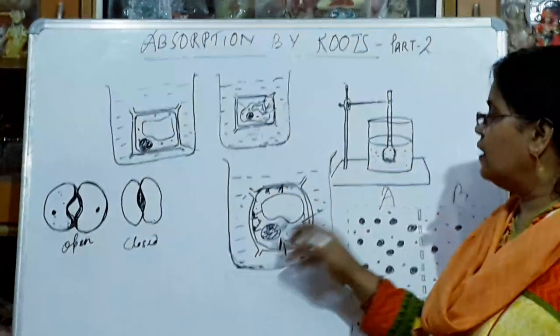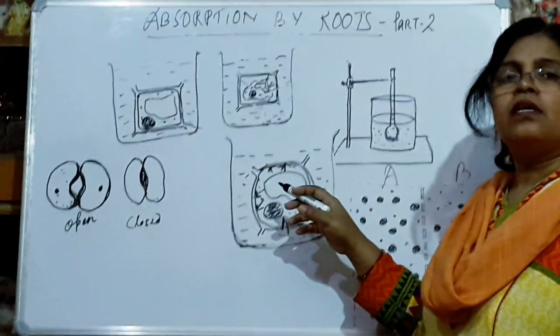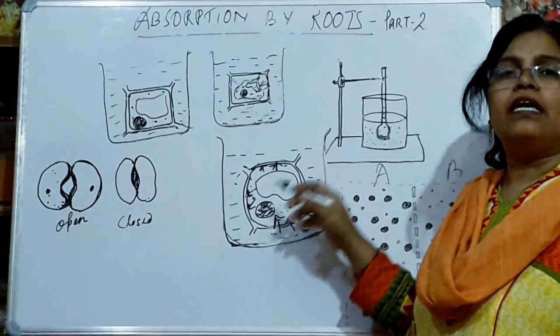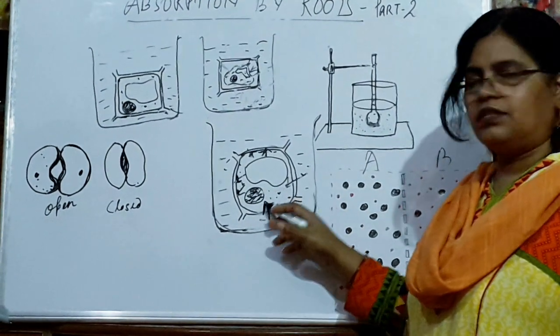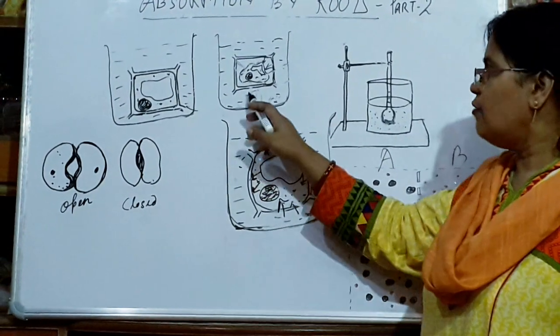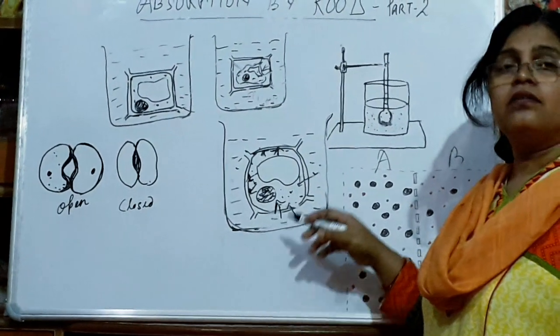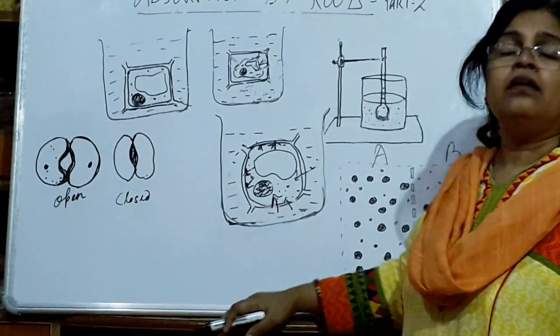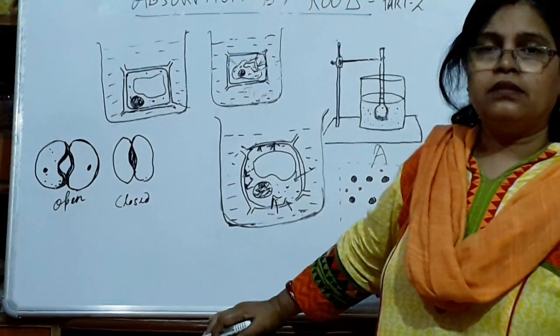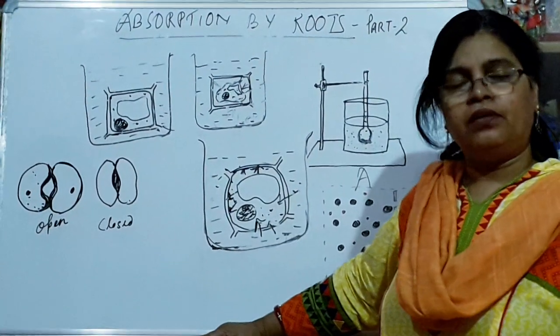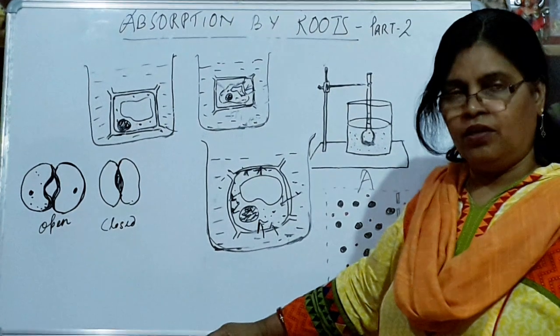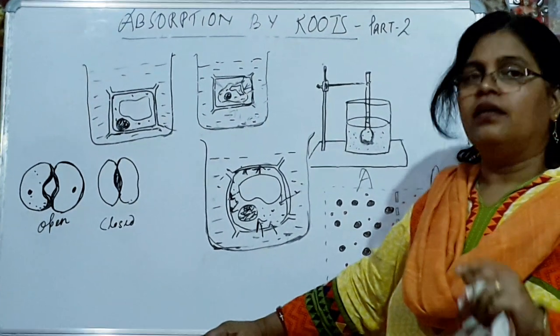So this is called endosmosis, and endosmosis causes turgidity. This is a turgid cell and this is a flaccid cell. This turgidity is caused by the entry of the solvent particles through the semi-permeable membrane, through the cell membrane, from the outer solution.